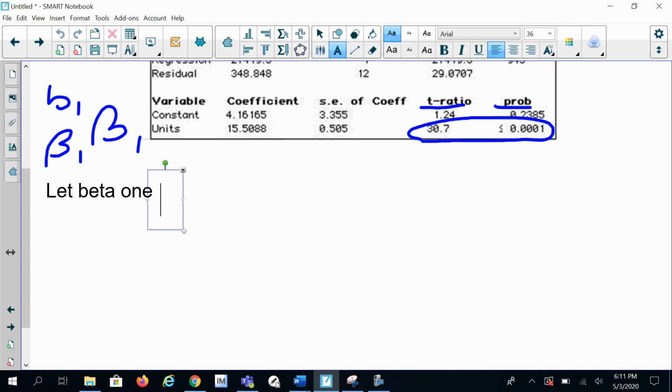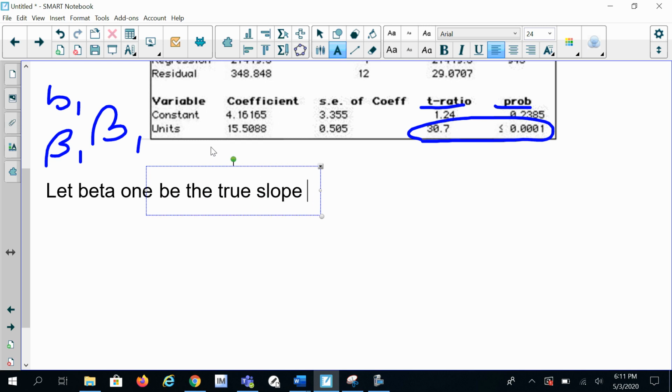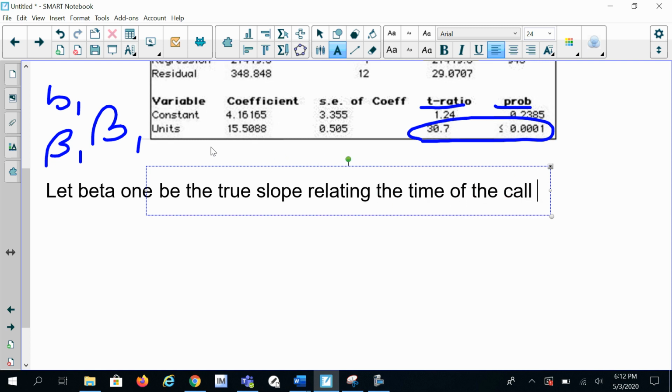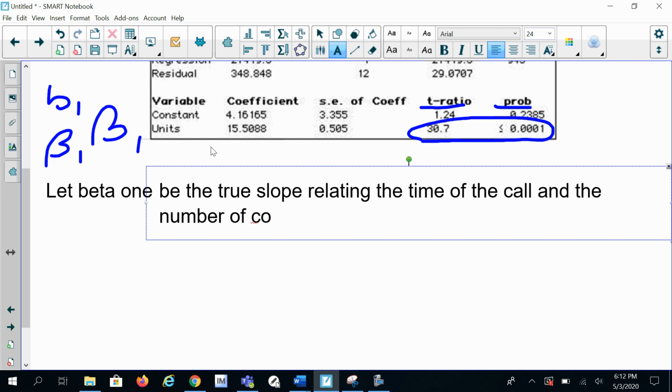So let beta 1 be, it's not going to be perfect, but it's all right. Let beta 1 be the true slope relating the time of the call and the number of components prepared.